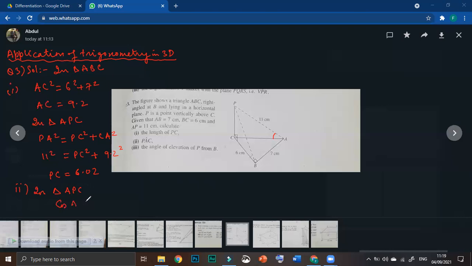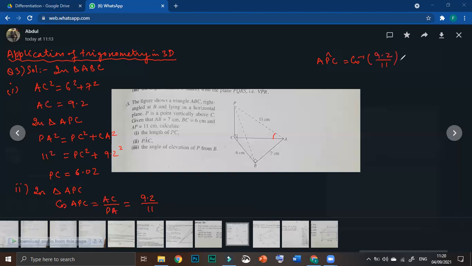Cos of the angle is equal to AC over PA, which is equal to 9.2 over 11. So the angle is equal to cos inverse of 9.2 over 11.